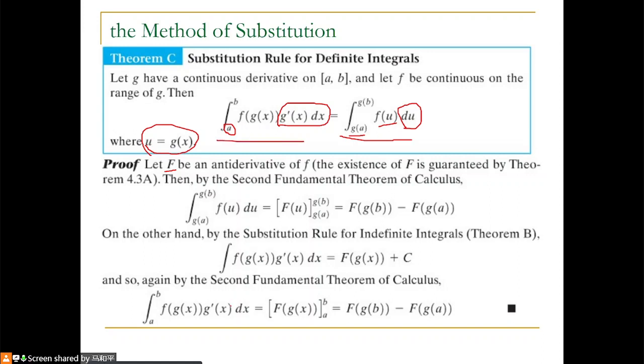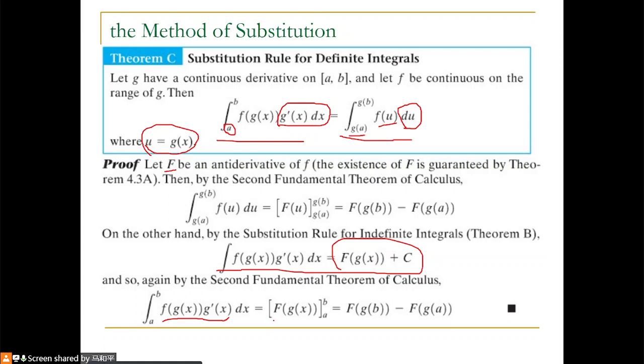First, we consider the indefinite integral. We use the substitution rule for indefinite integrals, because F is any antiderivative of f. So it's F(g(x)) plus C. And again, by the second fundamental theorem of calculus, the antiderivative of this integrand is F(g(x)).